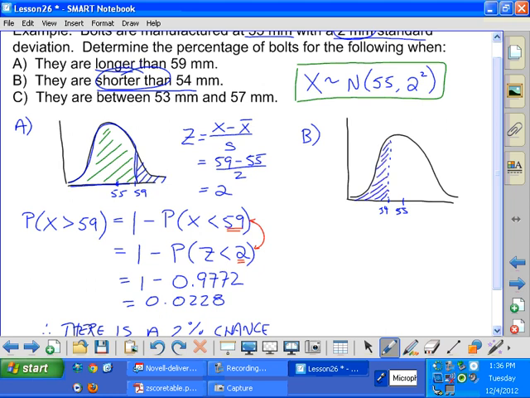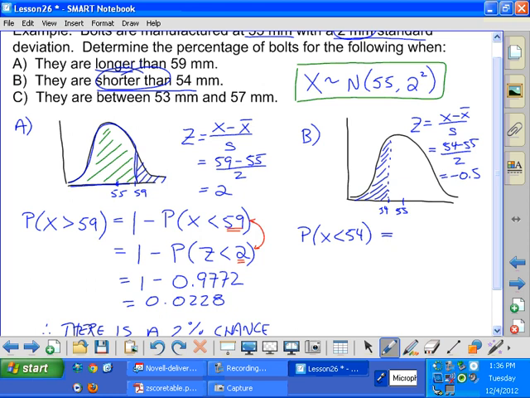This is a good thing because that's what my Z-score chart calculates, the area from a point down to the bottom. I'll calculate my Z-score up here: 54 take away 55, divided by 2, is negative 0.5.